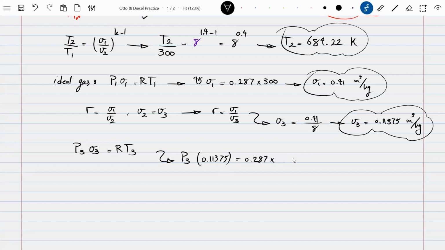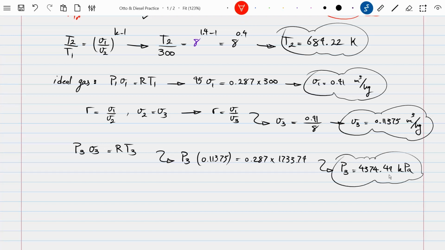And T3, we calculated above, it's 1733.79. Using a calculator, you can easily find that P3 is 4374.49 kilopascals, or about 4.37 megapascals.